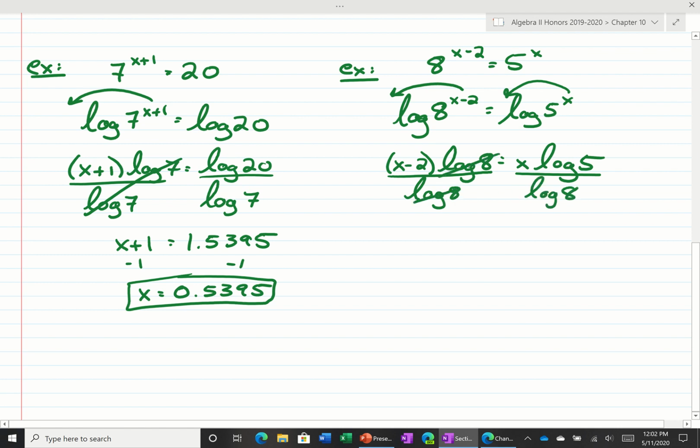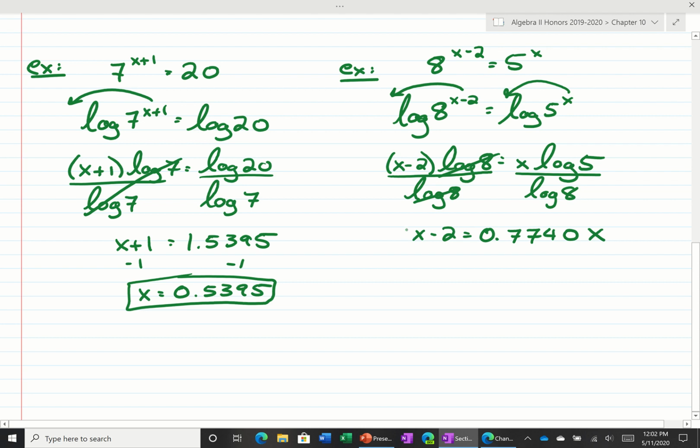So we don't have to distribute a bunch of decimal numbers. So in my calculator, I'm going to type in log 5 divided by log 8. And I'm getting x minus 2 is equal to 0.77397 times x. Don't forget the x there.